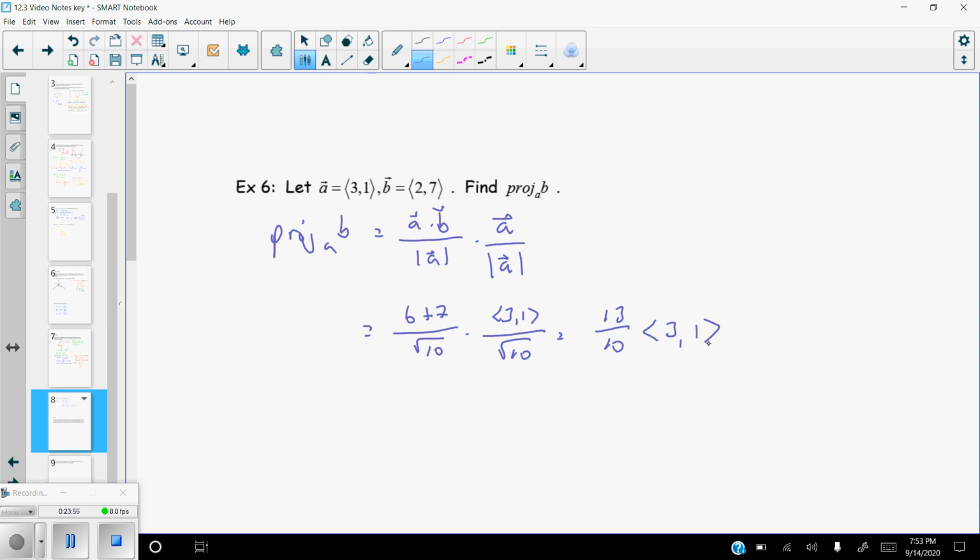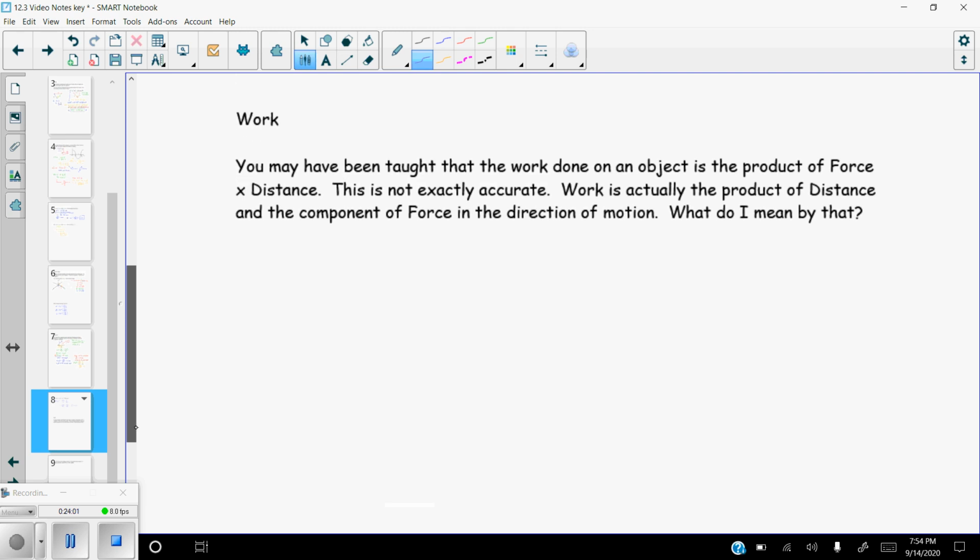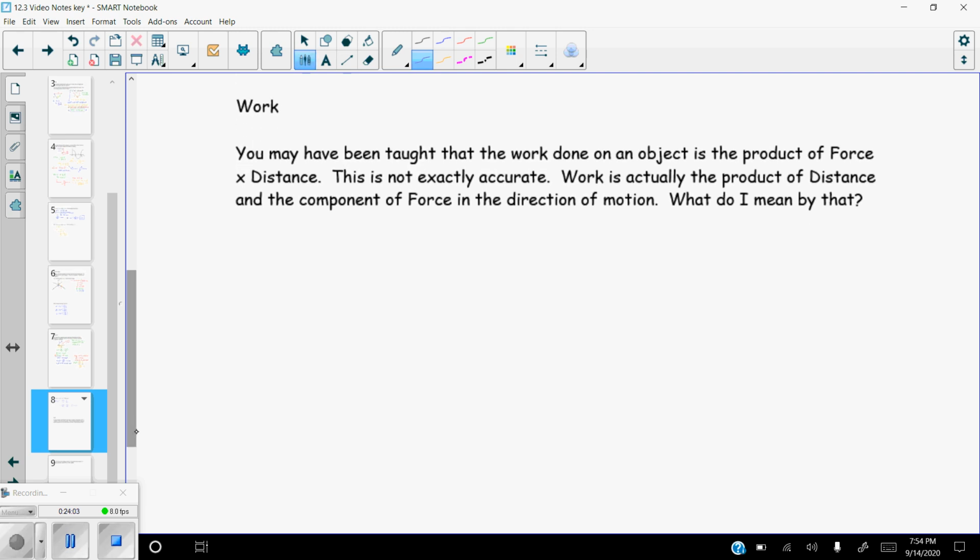Okay, a couple more things to talk about. Work. In the general sense, let's see if I can illustrate this one. The idea is, and I apologize for my crude drawings, you have a box sitting on the floor. So let's sketch a floor in here.